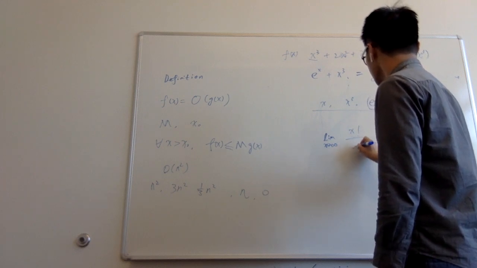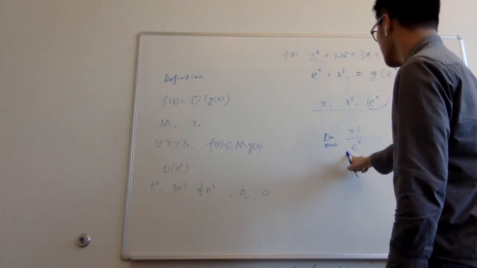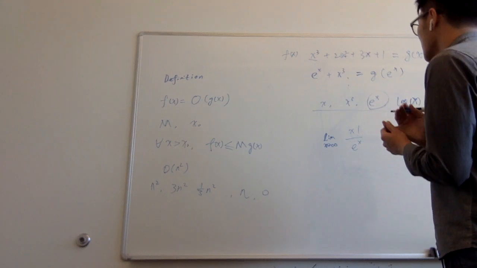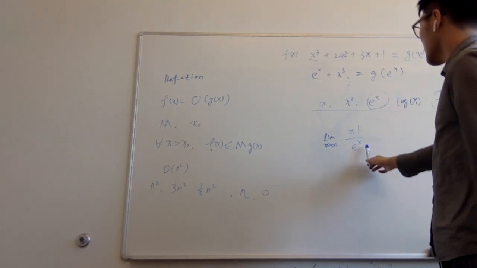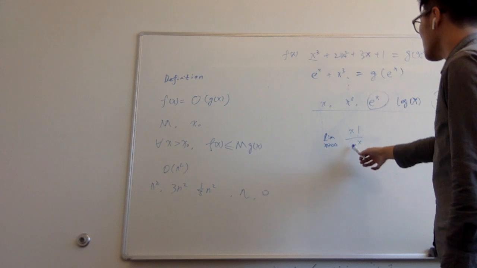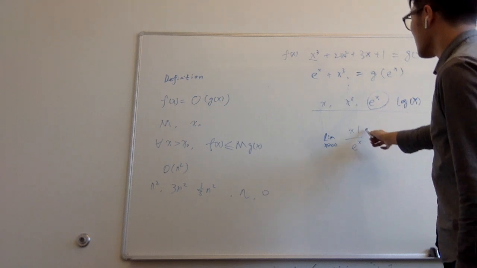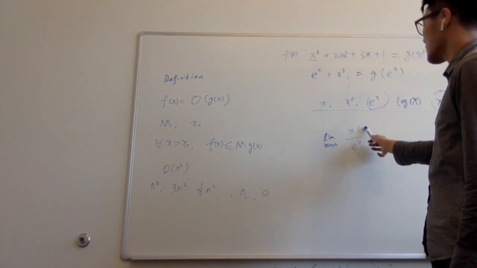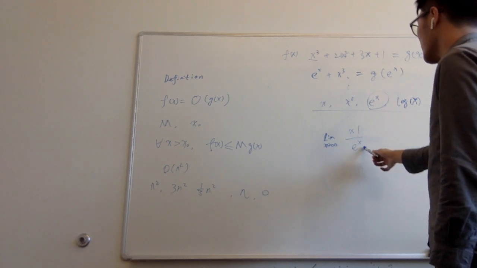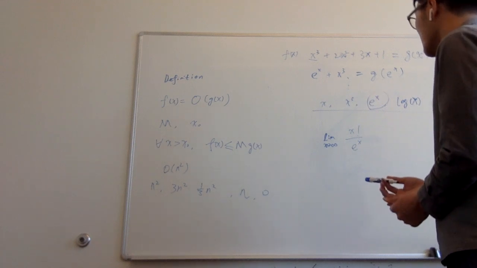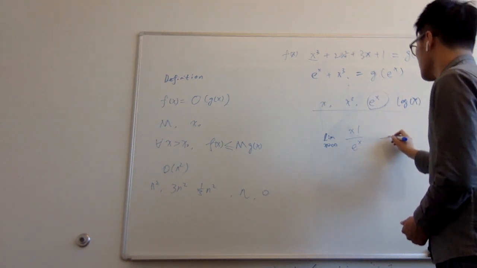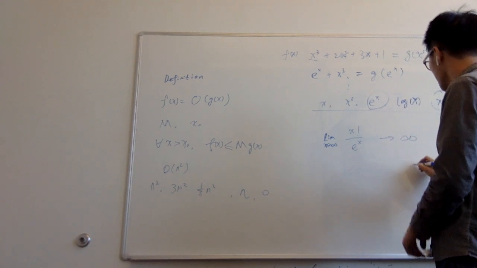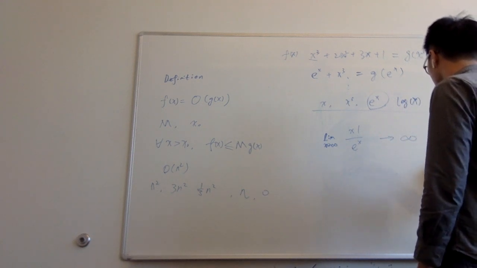Will this go to zero or will this go to infinity here? We can check that every time x increases by one, the top term will be multiplied by x, while the bottom term will only be multiplied by e. So in this case, this goes to infinity, and so we will rank them in the order of this.